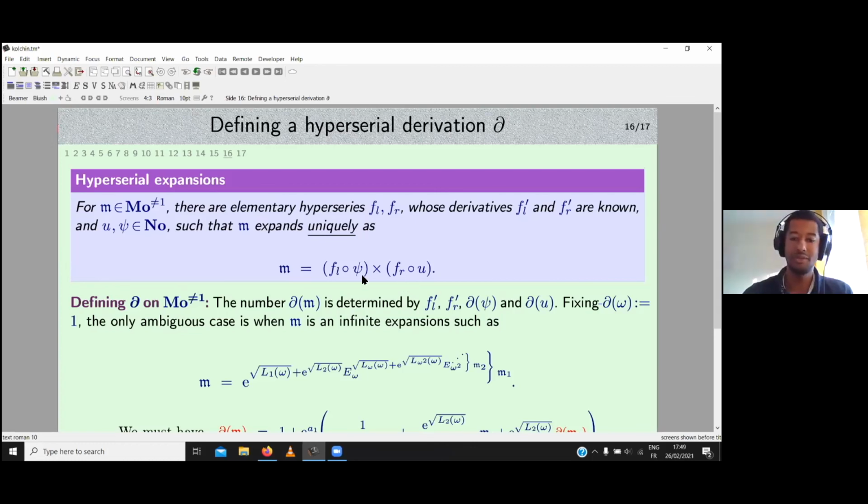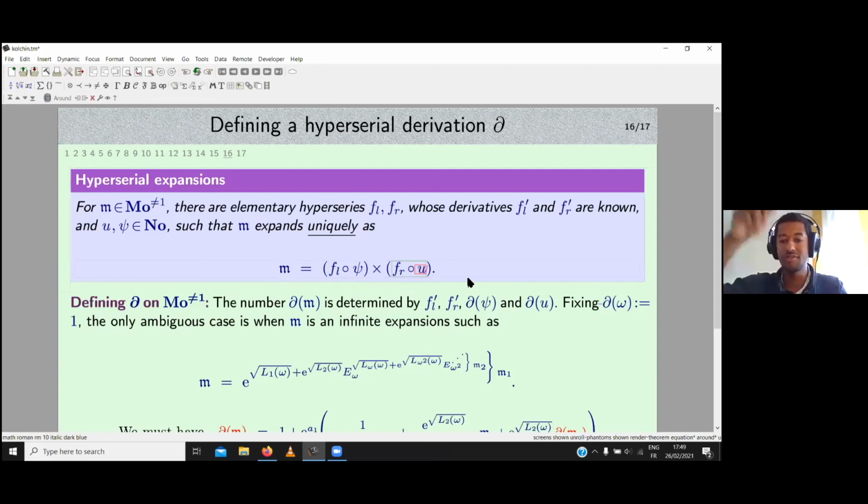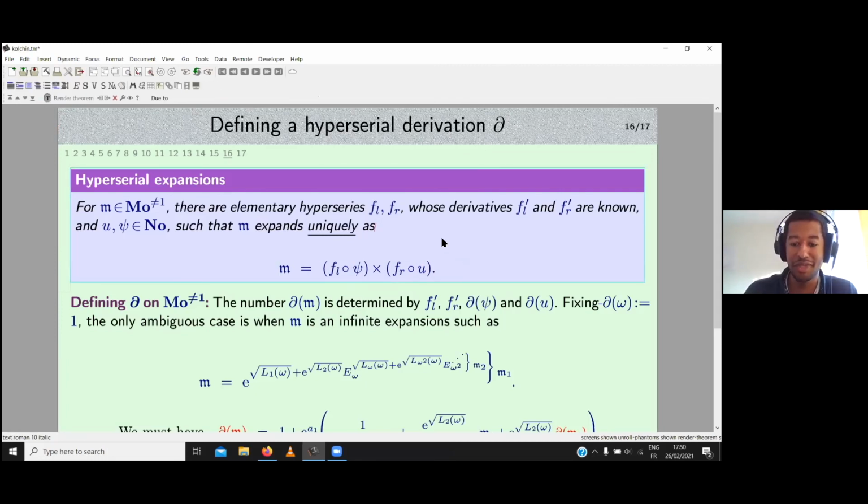So ideally, we would want this one to be simpler than m, and this one to be simpler, so that we can proceed inductively by doing those expansions. And so omega is the simplest positive infinite number. And so for omega, it would be omega equals omega.